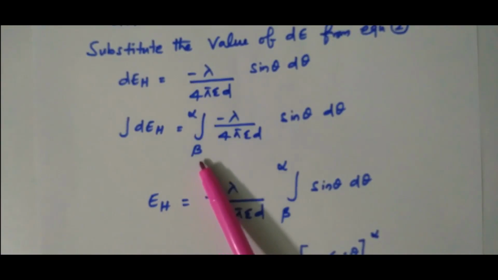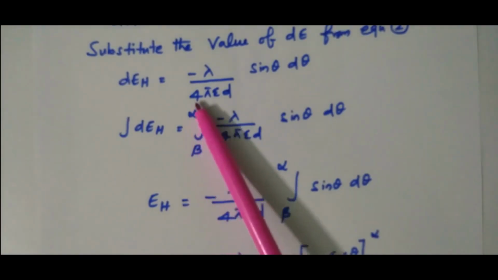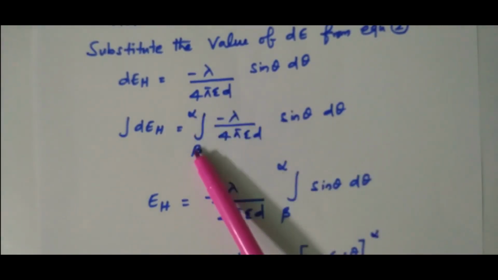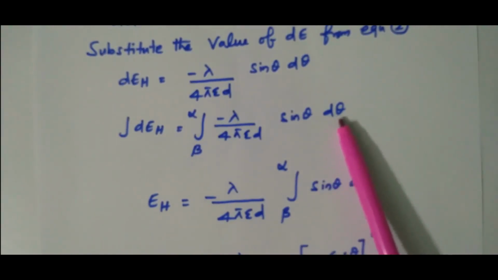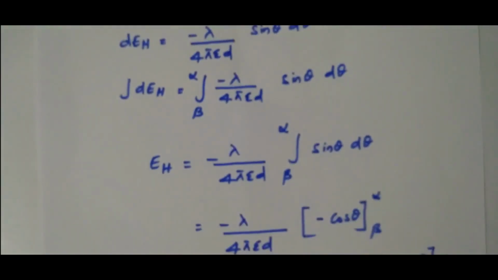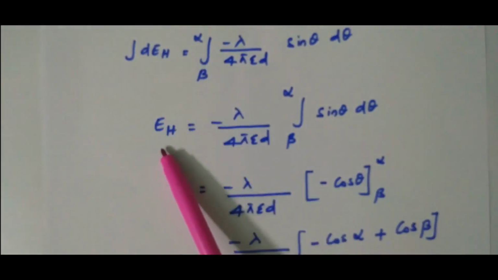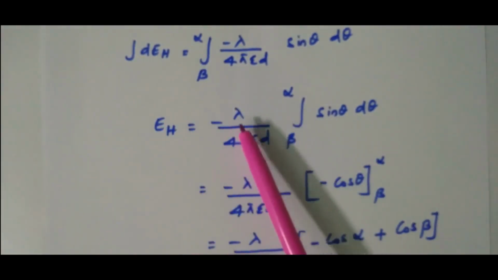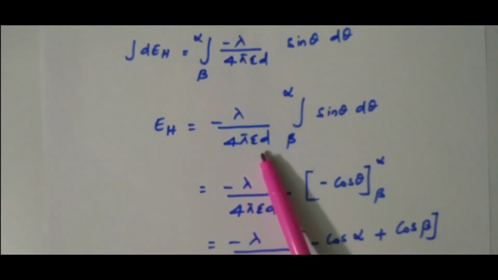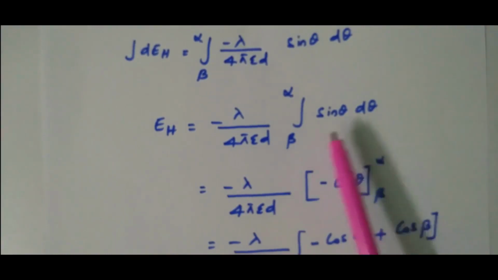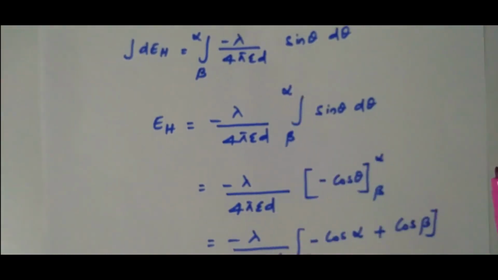For point B, the equivalent angle is beta. So we are taking beta to alpha. Instead of length, we are taking the angle because the integration is with respect to theta. Now the integral of dEh gives Eh equal to minus lambda divided by 4 pi epsilon d, which is constant. Only sin theta d theta needs to be integrated with limits beta to alpha.